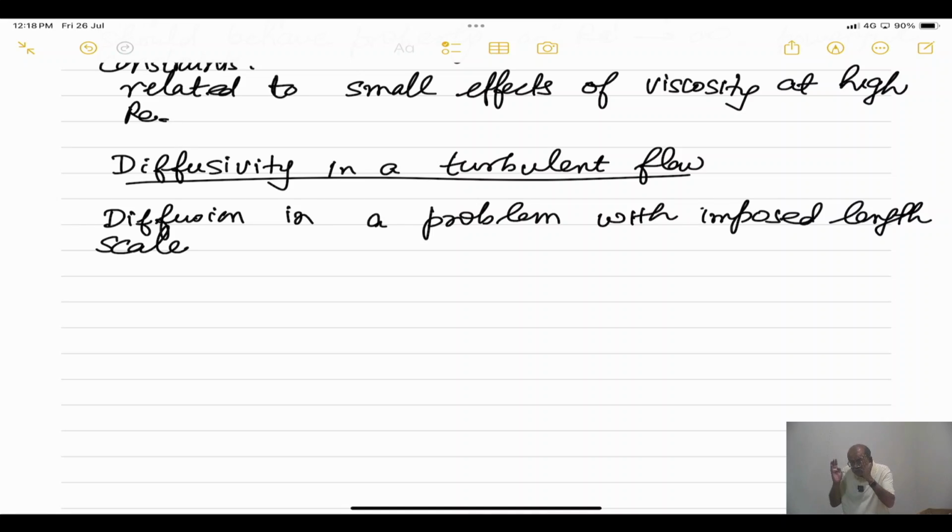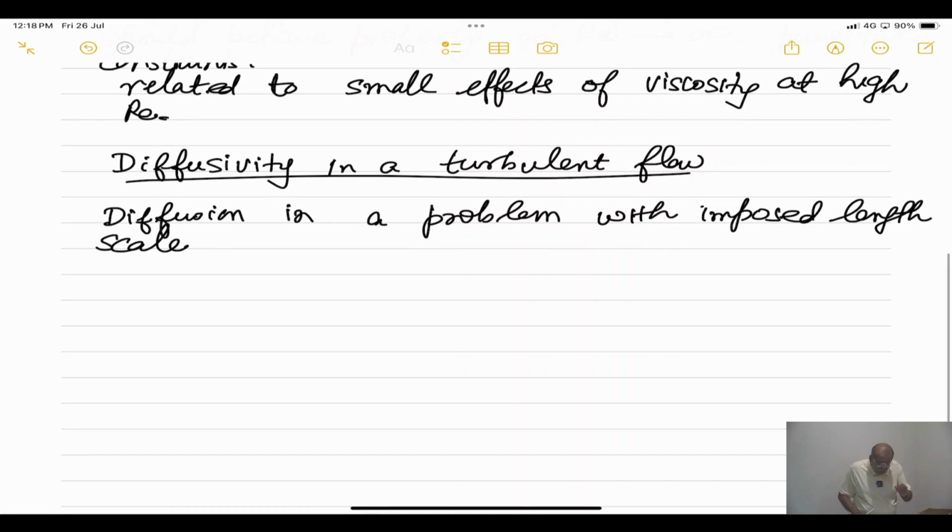That means the physics of the problem tells us that there is some length scale. It doesn't give us any time scale automatically, and there is no per se velocity scale in the problem, which we will probably have to work out.